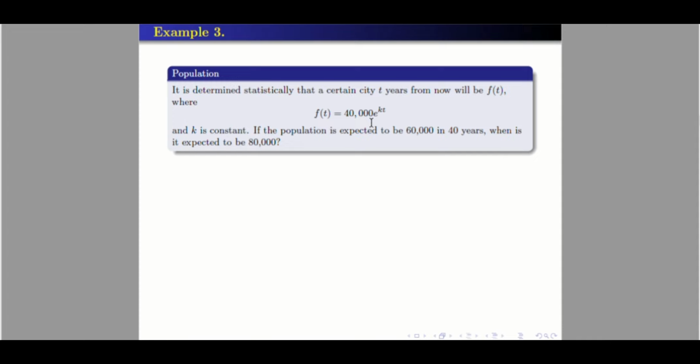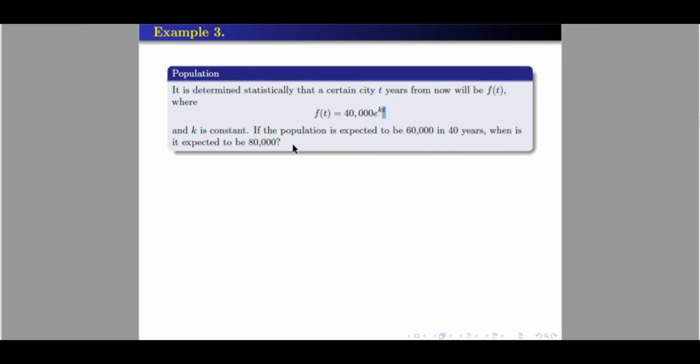Now, if the population is expected to be 60,000 in 40 years, meaning this will be 60,000 and the time is 40 years, when is it expected to be 80,000?